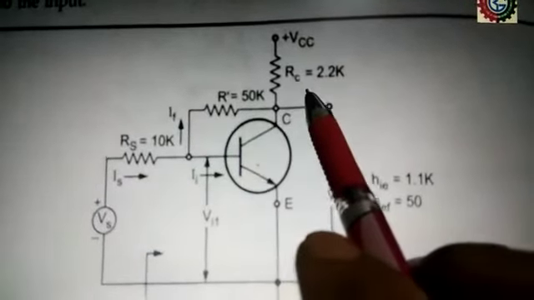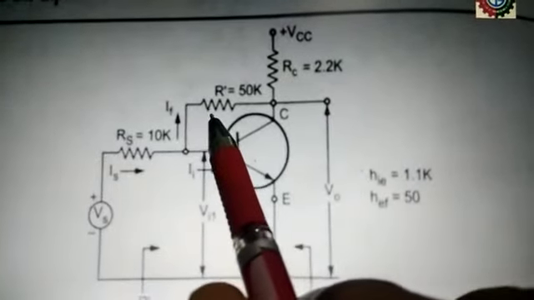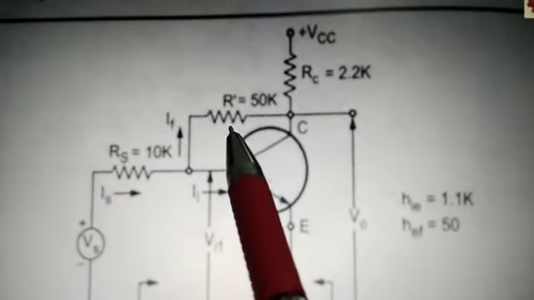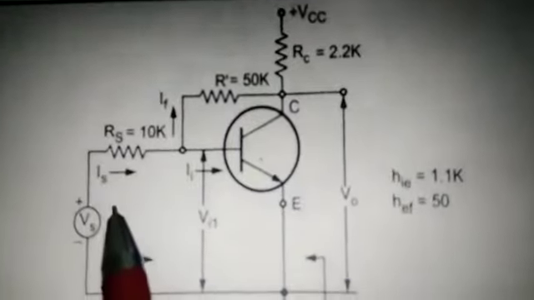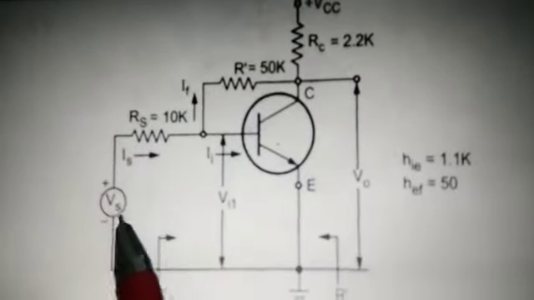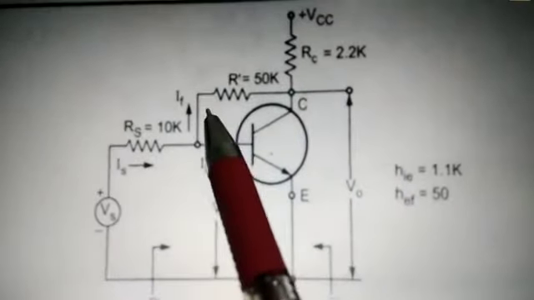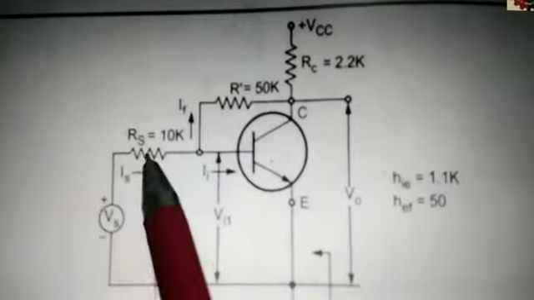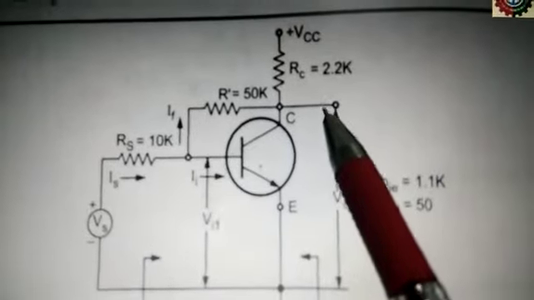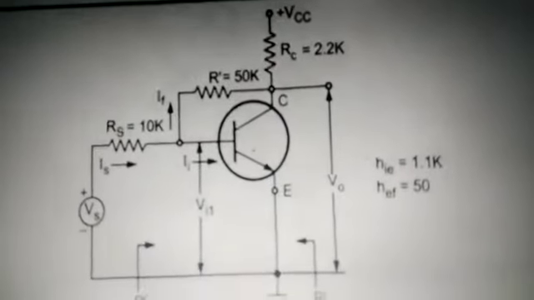Output is the voltage across this RC, and this output voltage will provide the feedback current through this R dash. Now this feedback current will be in parallel with this current. We will convert this voltage source with its resistance into a current source, so this current will be in parallel with the feedback current. Hence we find here the shunt mixing, and the feedback sampling is the output voltage. Therefore it is a voltage shunt feedback circuit.